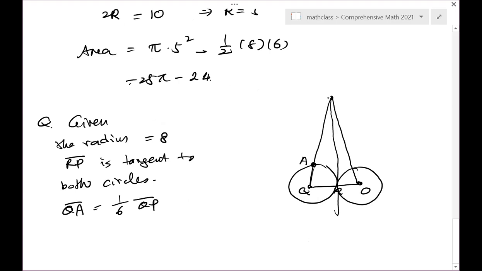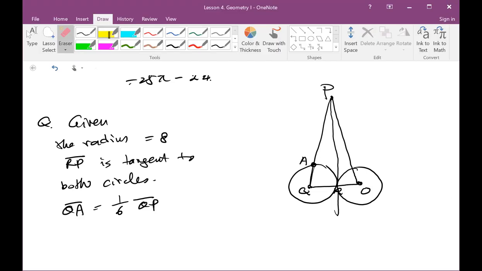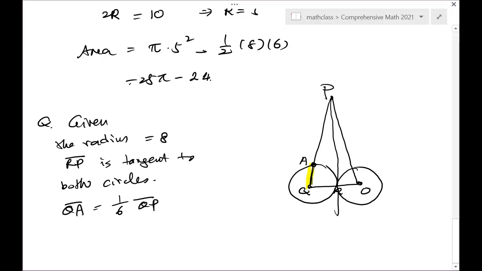QA is going to be this side, and QP is the whole length.